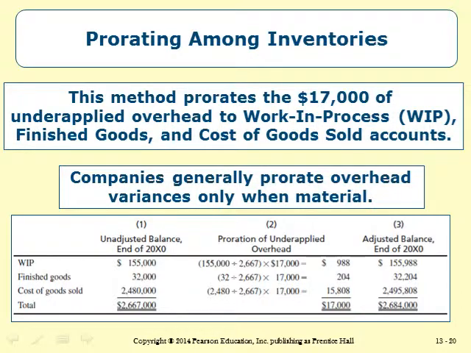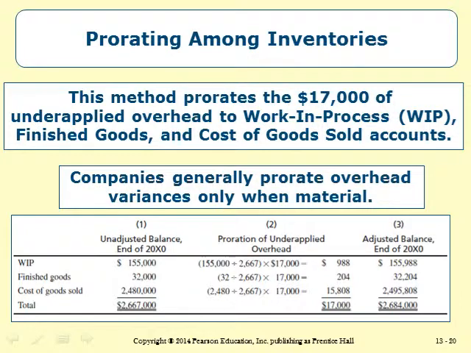Assume that the ending balances for Enrique were work in process $155,000, finished goods $32,000, and cost of goods sold $2,480,000, which results in a total of $2,667,000. These amounts prorated to inventories are not significant, so proration is probably not cost beneficial here.